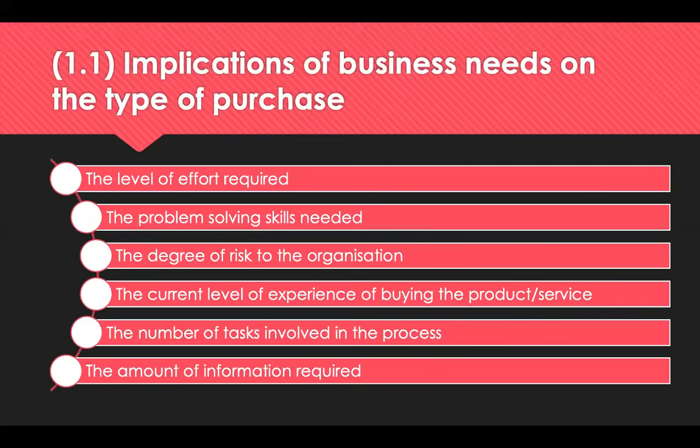Organisations will have lots of experience in buying straight rebuys, but not much experience in a new buy. Relatively little information is needed with a straight rebuy, whereas buying a business critical piece of software will require extensive information. And public sector purchases are generally driven by clear guidelines that could have implications for any of these.